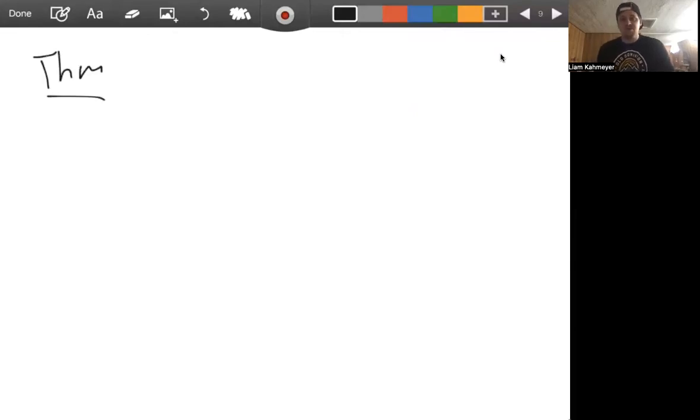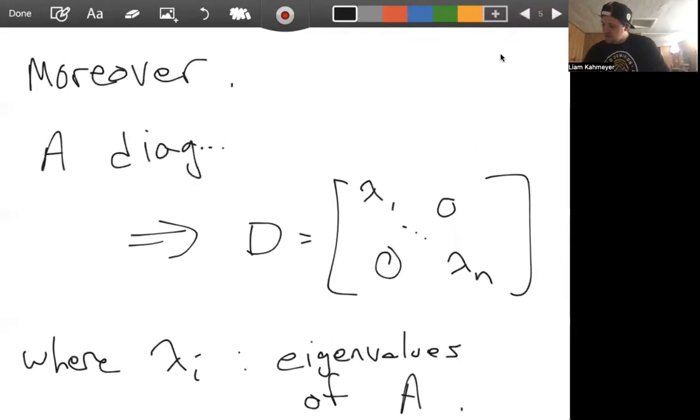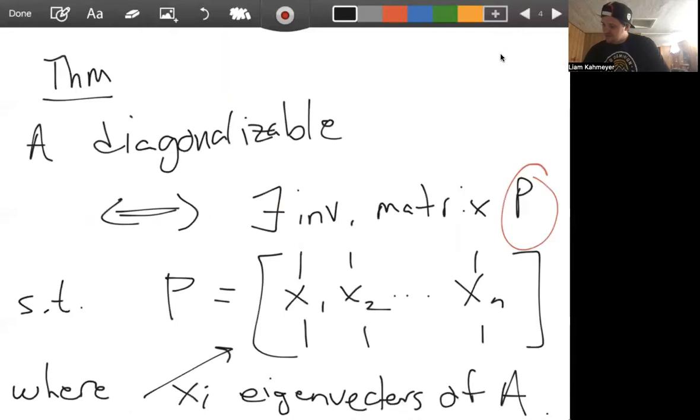Now, let's find a few different ways to figure out if a matrix is diagonalizable, right? When we were looking at this first theorem in the first half of this video, it said how we can find if a matrix is diagonalizable.